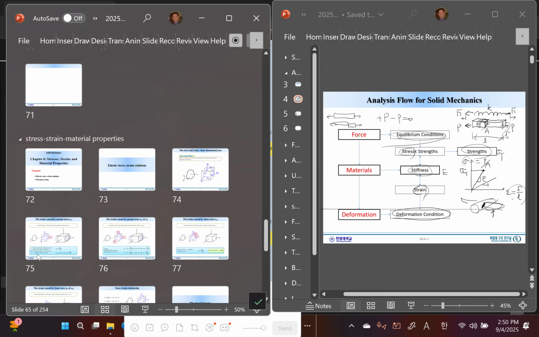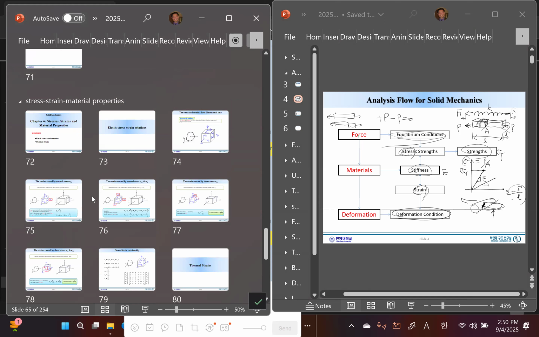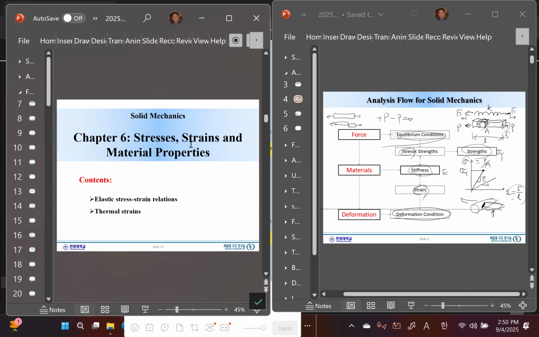and then since we are covering stress and strain, what will be the next one? We will study about stresses and material properties. As you can see, we start from a very simple one dimension and then extend to a 3D body to understand the concept in a 3D body.